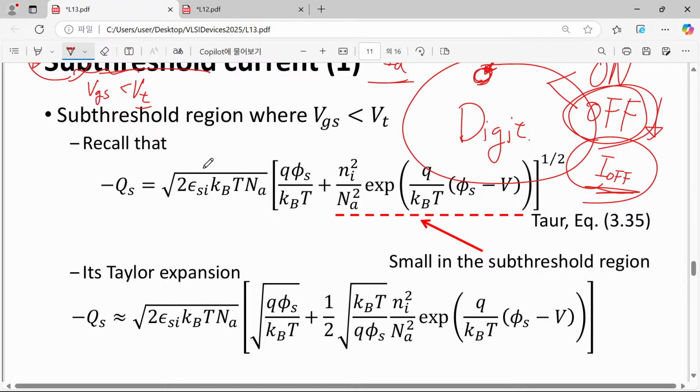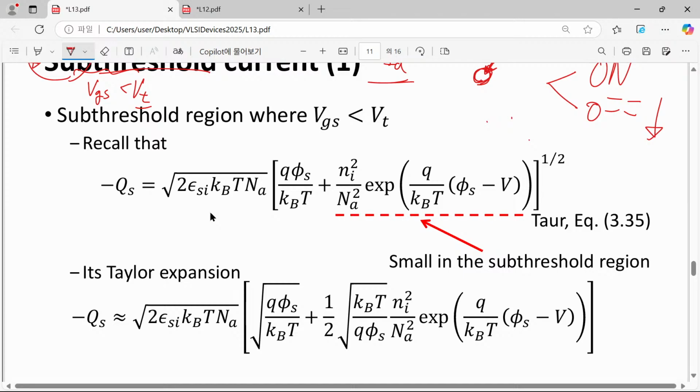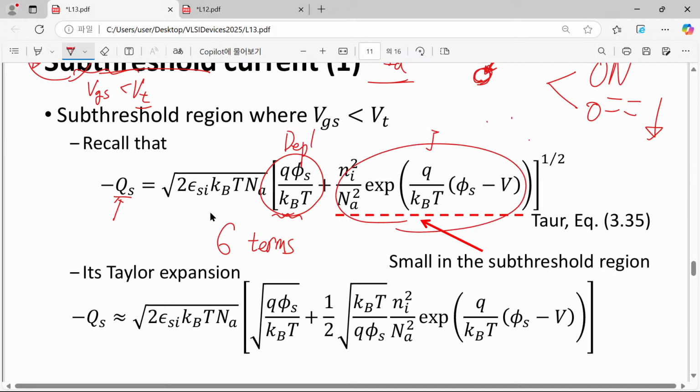This is the silicon side, or semiconductor side, charge density, and it has 2 terms. Please note that obviously we have in reality 6 terms, but among them only 2 terms are important. This one is related with depletion charge, and this one is related with inversion charge. Maybe you remember it.